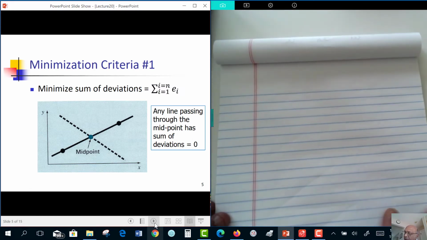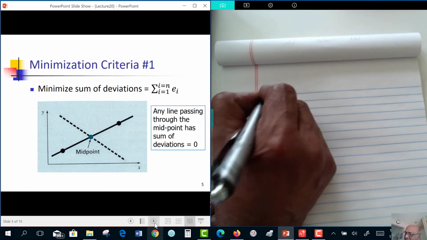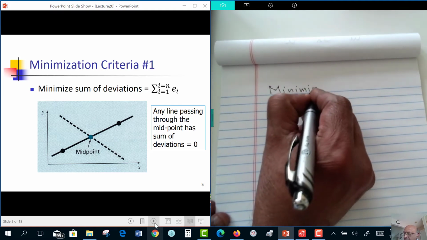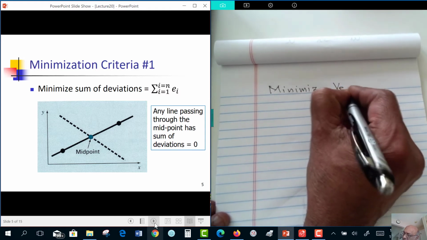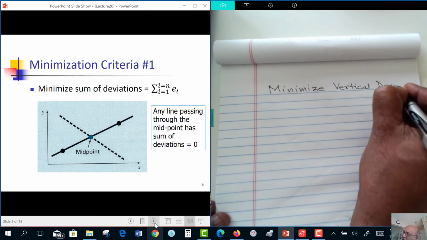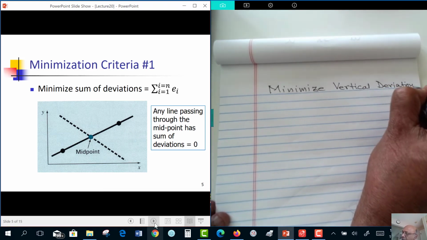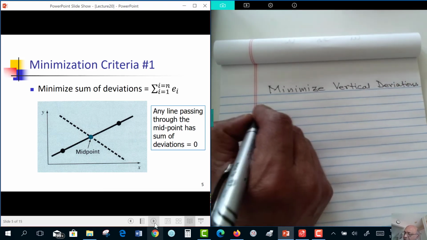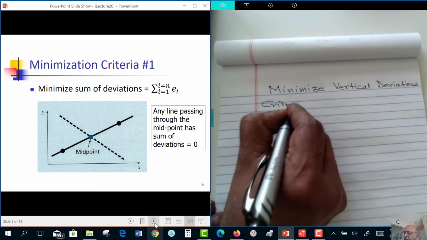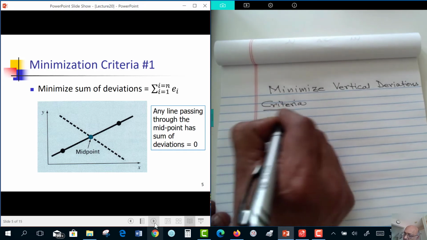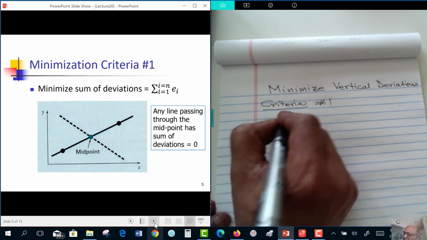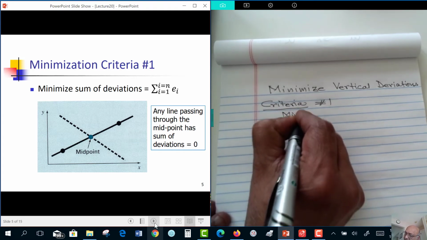All right, so we want to minimize deviations. Let's see in what form. So let's choose our first criteria. What we do is we say we minimize the sum of deviation.